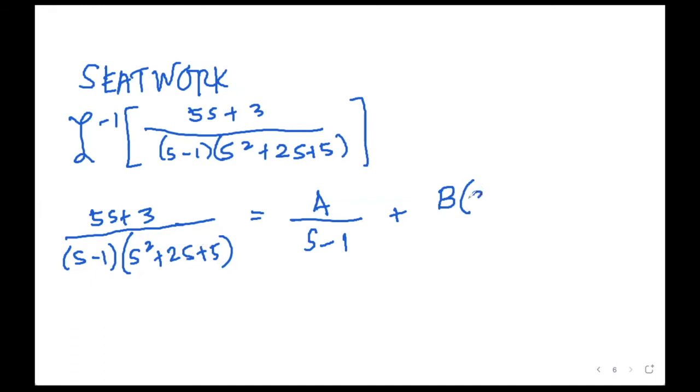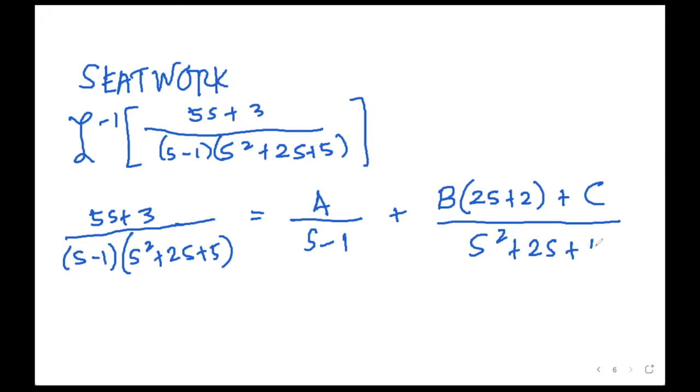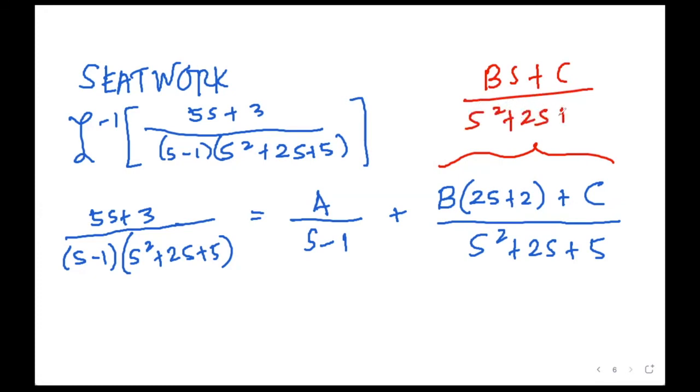So, pwedeng 2s plus 2 plus C. Itong dalawang huling terms na to, same lang yung denominator s squared plus 2s plus 5. Or yung kanina dun sa form na nabanggit ko, pwedeng isulat siya sa ganitong form Bs plus C over s squared plus 2s plus 5.